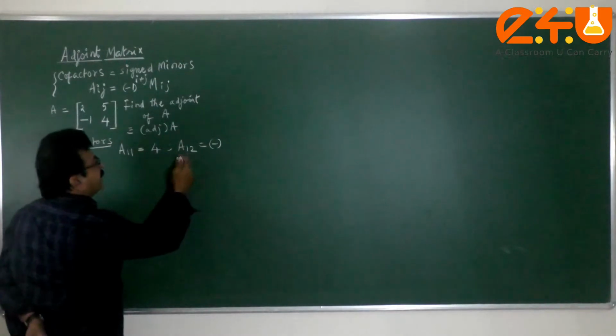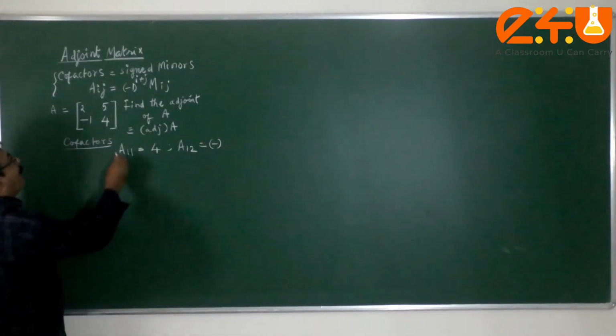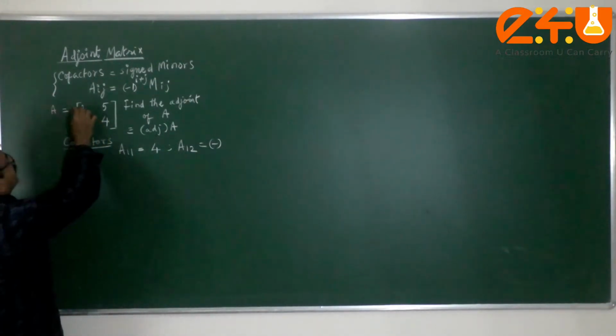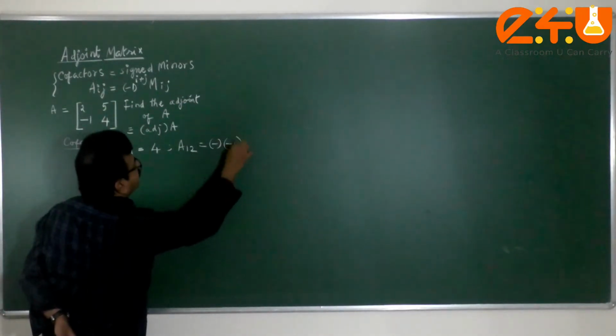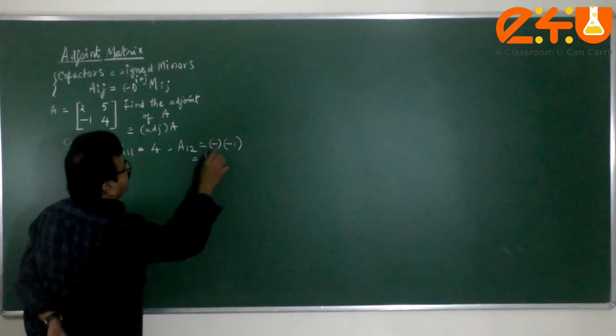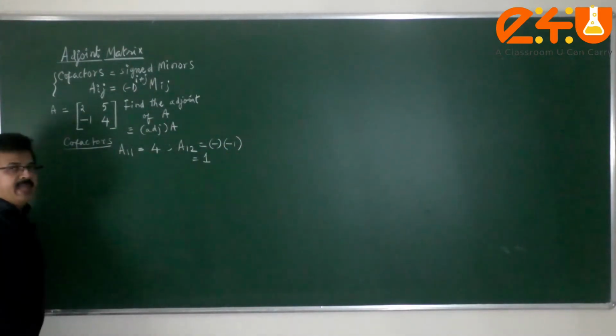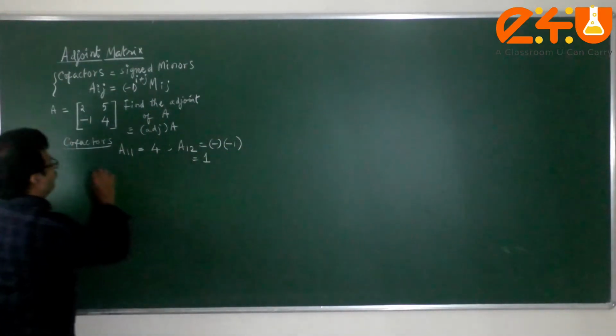Then we take the minor 12, leaving row 1, column 2. What I am left with is the element negative 1, and the negative of negative 1 makes positive 1.